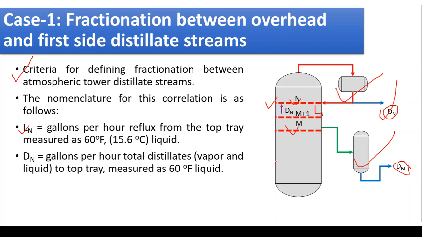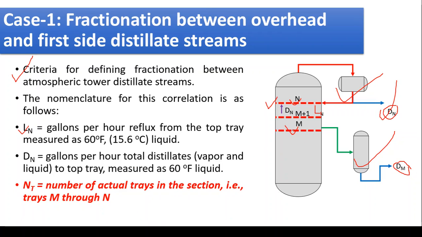And Nt is very important: Nt is the number of actual trays used here, between M through N. These are the number of stages, and we need the Nt value. For example, if M is the 20th tray and N is the 27th tray, then from M to N the total number of trays is 8. In this way we have to find out the number of trays.